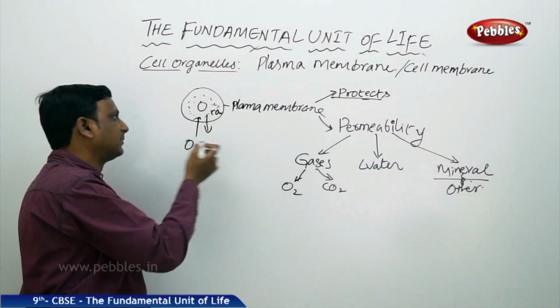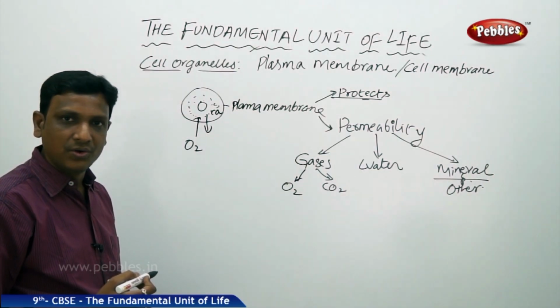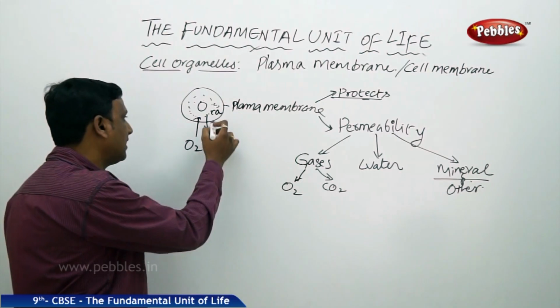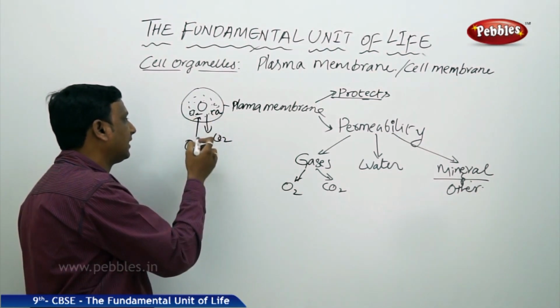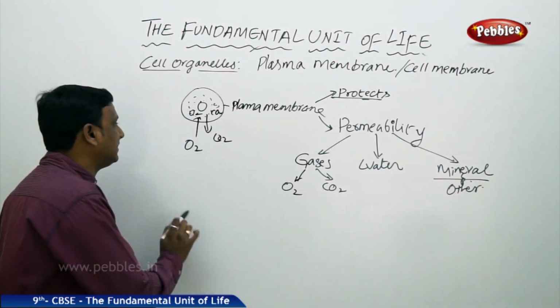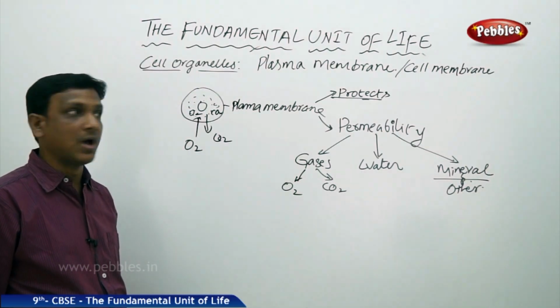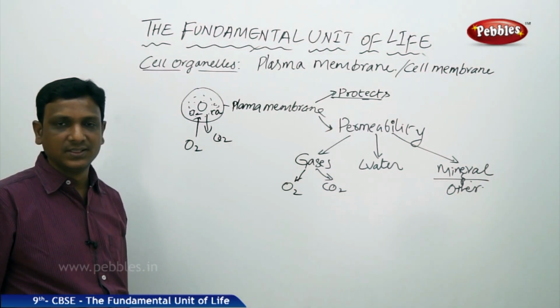The excess of carbon dioxide inside the cell is dangerous to the internal environment. So the excess carbon dioxide has to be expelled out of the cell. So the CO2 must go out and oxygen must enter the cell continuously. It's a continuous process where a cell takes in oxygen and leaves the carbon dioxide. But how does it happen? How does the transfer of gases take place?